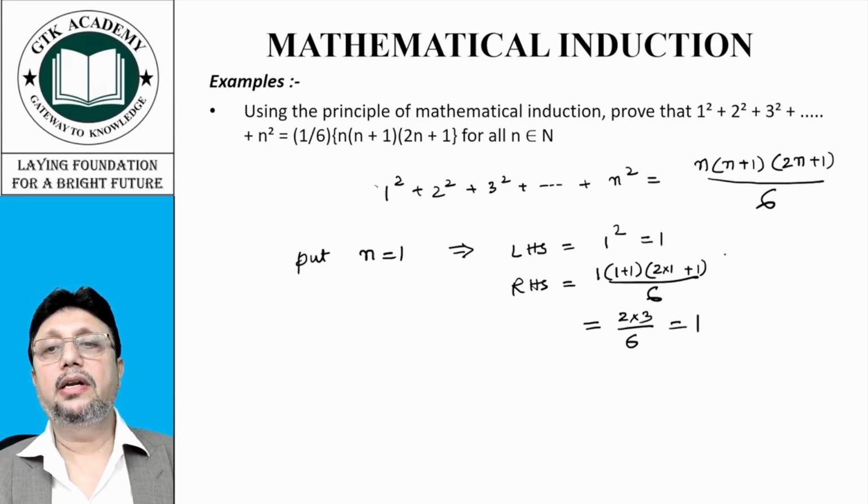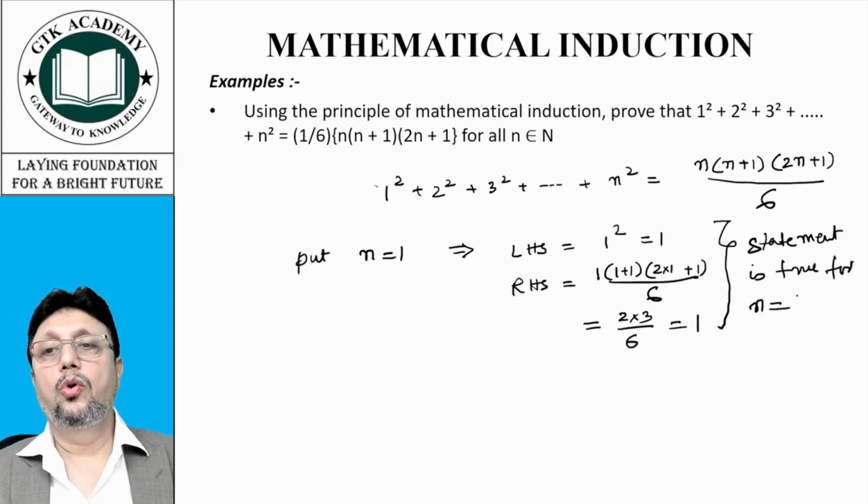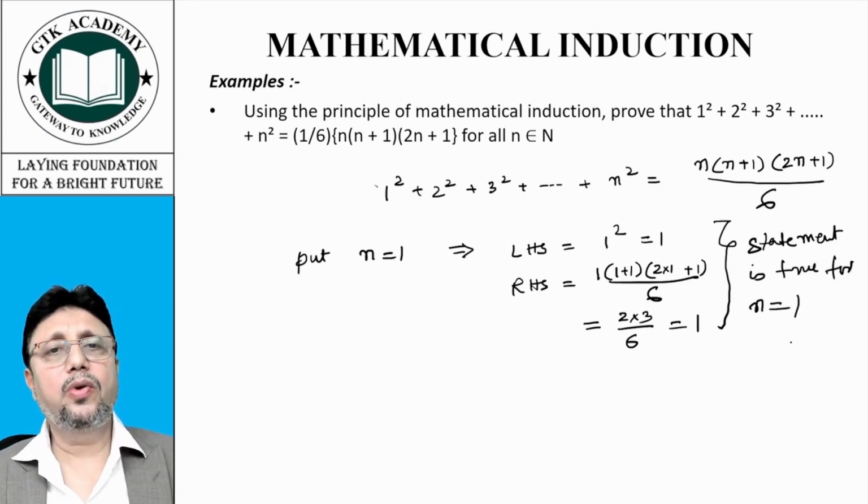So left hand side and right hand side both are equal. That means statement is true for n is equal to 1. Your base step is over.